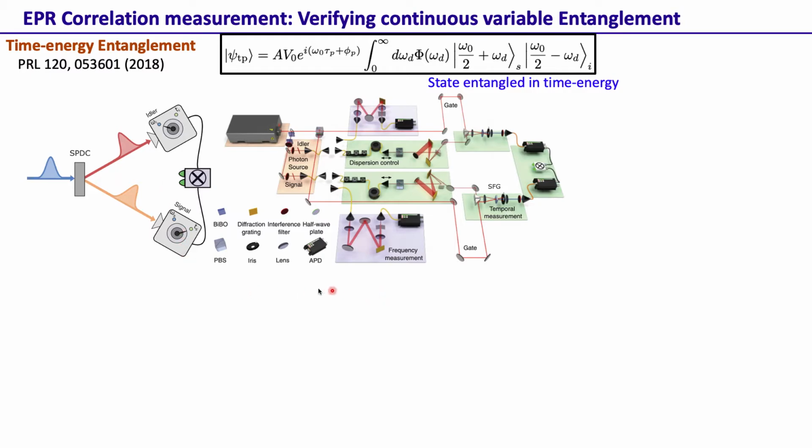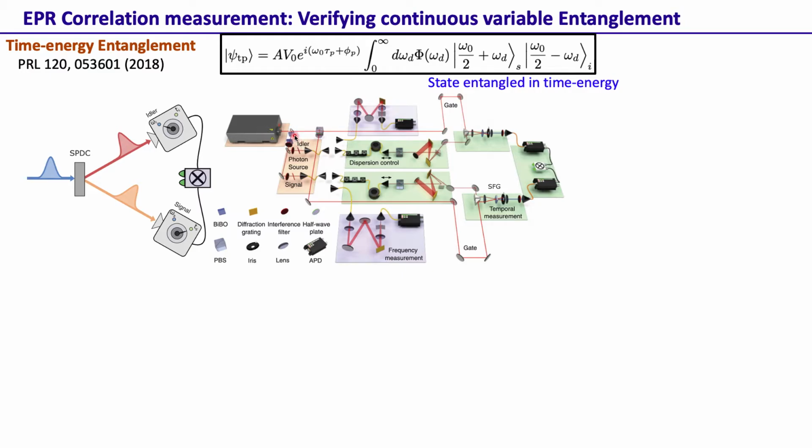I won't go through every detail, but SPDC gives us a signal photon and an idler photon, and there's a detection mechanism for signal and another for idler, and then we detect them in coincidence. This is the actual experimental setup. That's a laser.